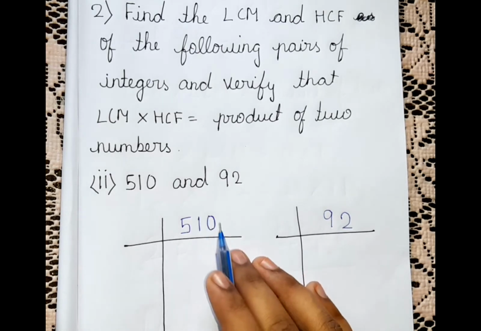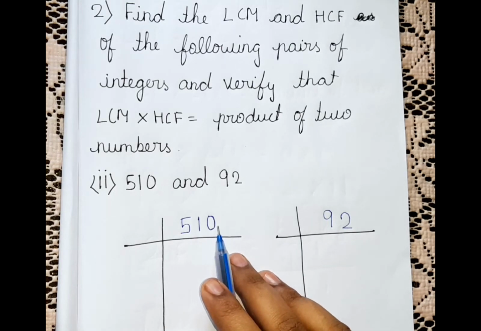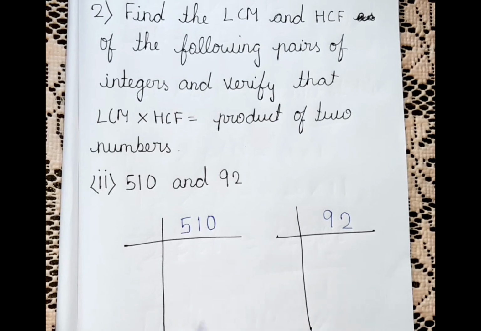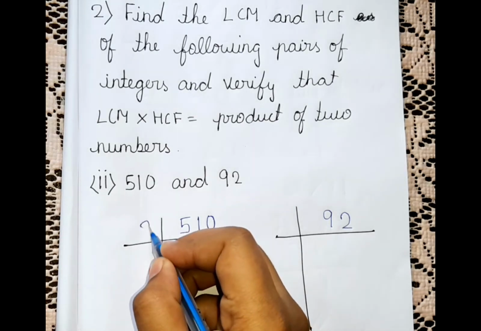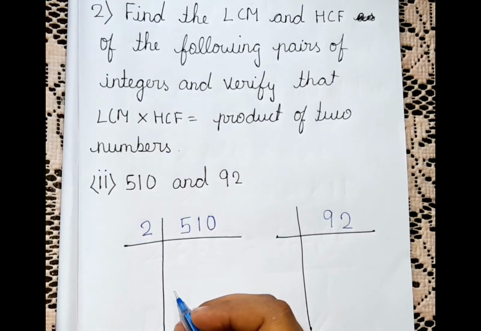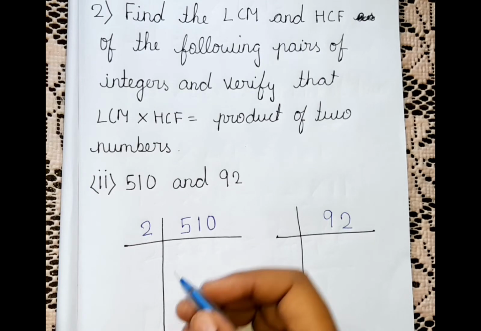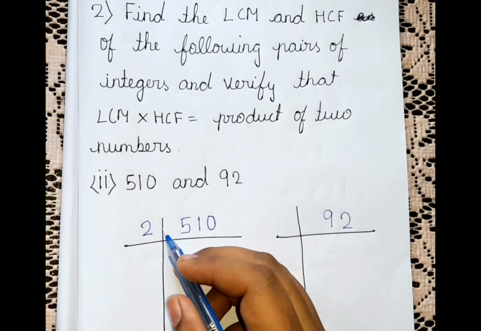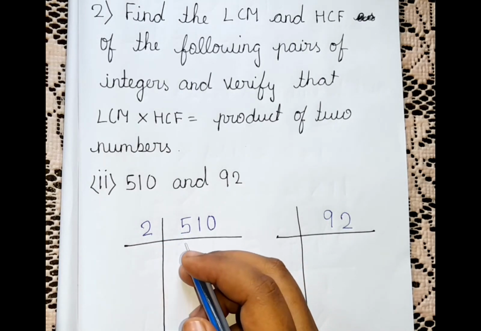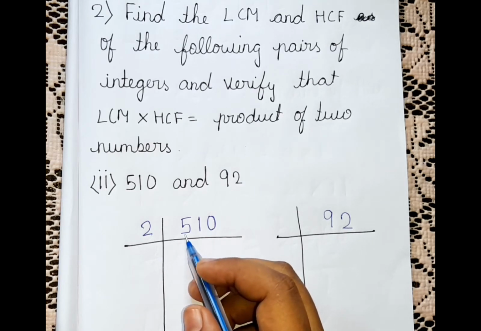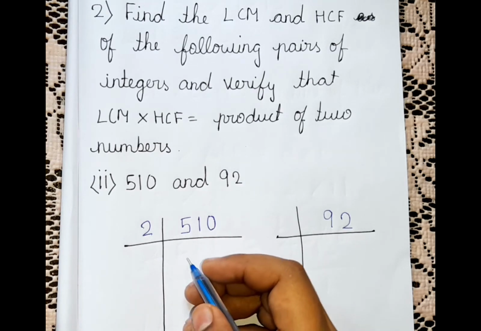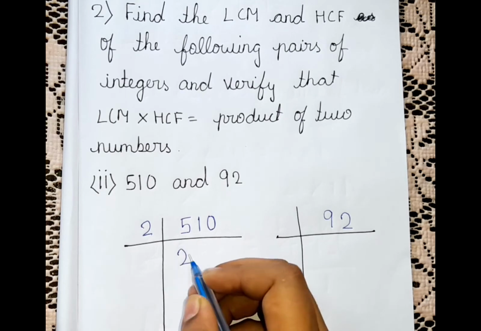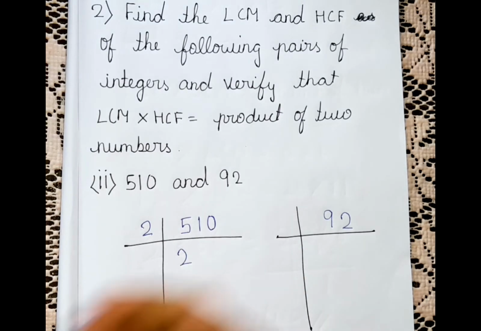So here 0 is the last digit, so 2 is the prime number, and we can do it in the 2 table. So I am writing 2 right over here. As you know, 2 2s are 4. Here we don't get 5 in the 2 table, so we are taking the smallest number compared to 5. So I am taking 2 2s are 4, and totally we have 5.